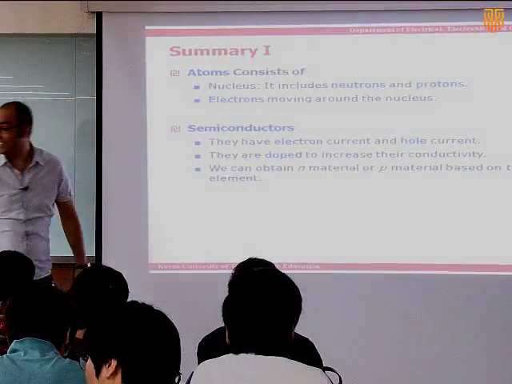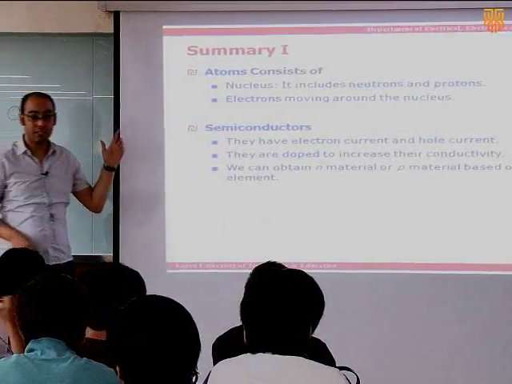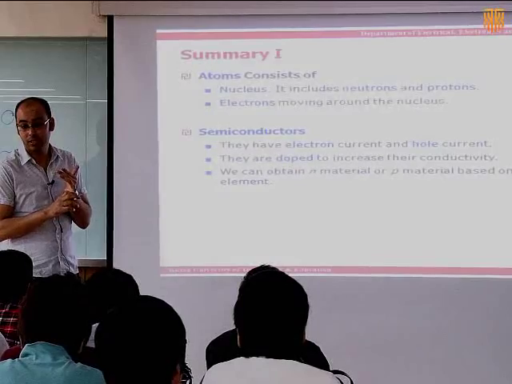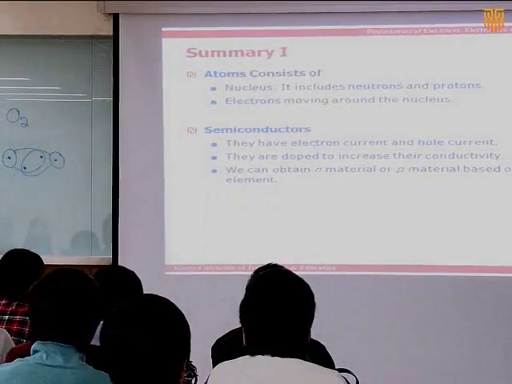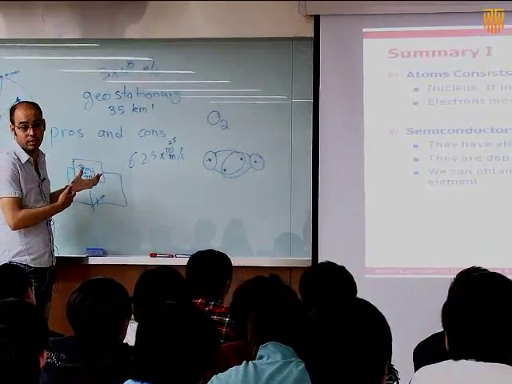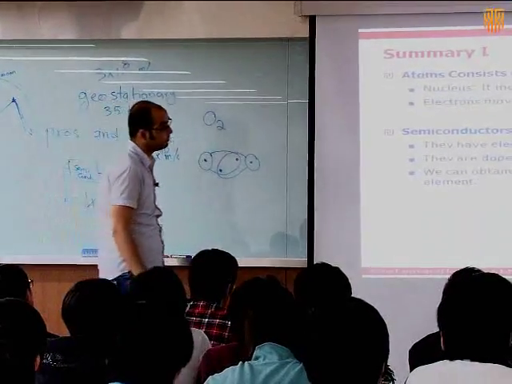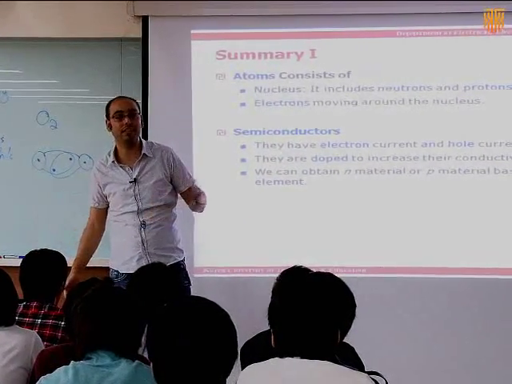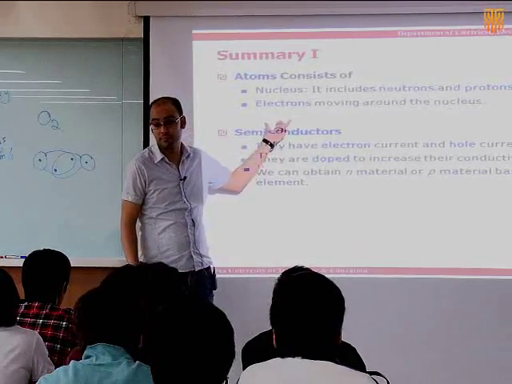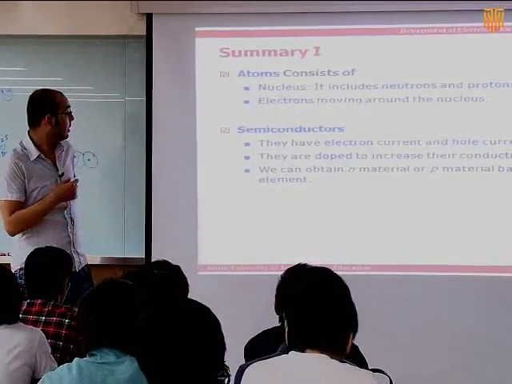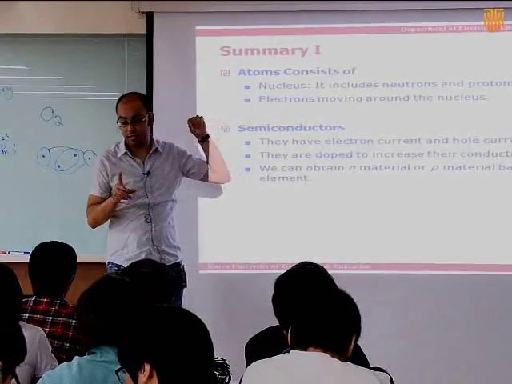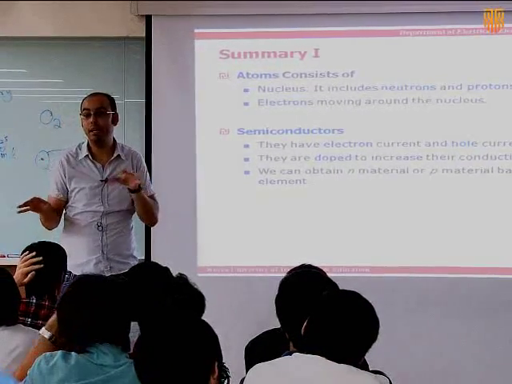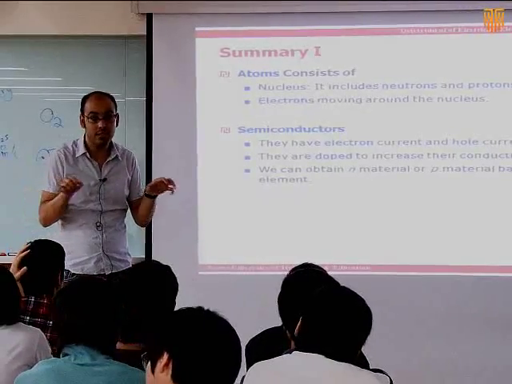So the atom has three things, right? The first thing is the proton, which is positive. Pros and cons, this is an expression in English, with or against. And neutrons, which are neutral. Neutral means not positive, not negative. And electrons, negative. The electron is the entity we can play with: increase, decrease, make conductivity.